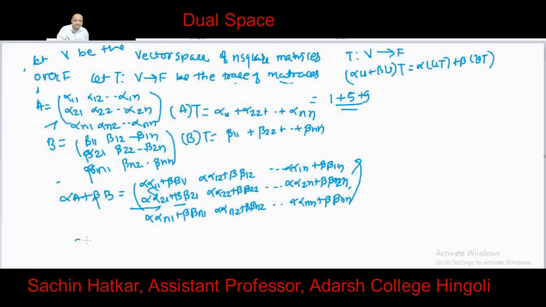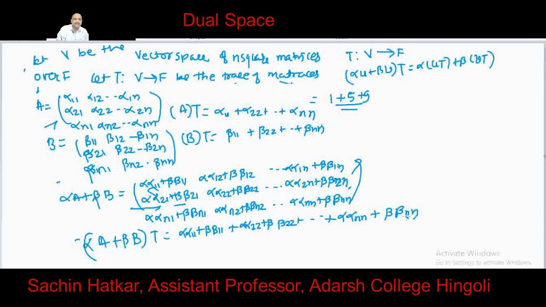Now let us take the image of this element alpha A plus beta B. T of alpha A plus beta B equals, applying the definition, alpha times alpha 11 plus beta times beta 11, plus alpha times alpha 22 plus beta times beta 22, plus up to alpha times alpha nn plus beta times beta nn.